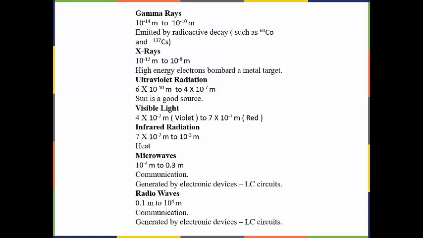When the electron collides with the metal target, it gives off X-rays. The sun is a good source of ultraviolet radiation, and it's still pretty energetic because the wavelength is still pretty short. This is what causes sunburns and skin cancer.